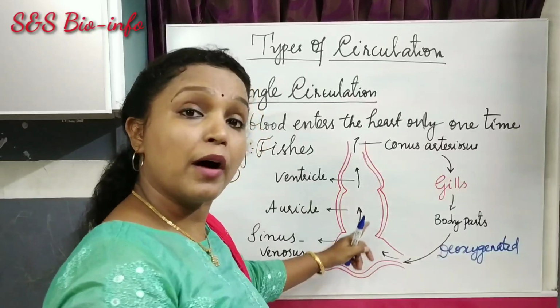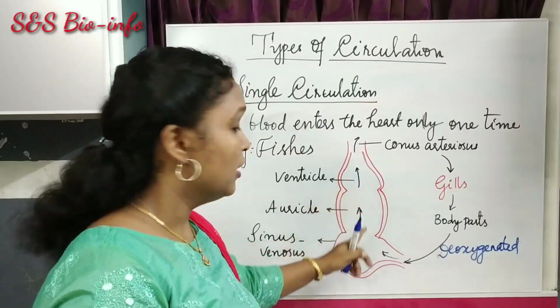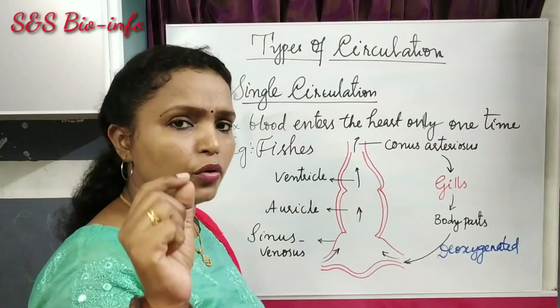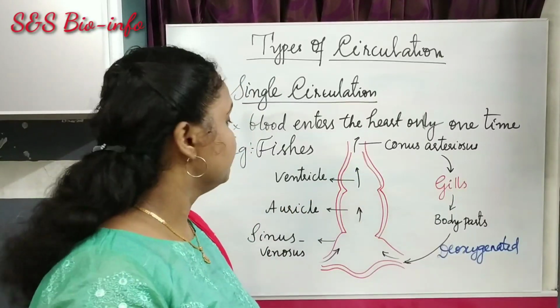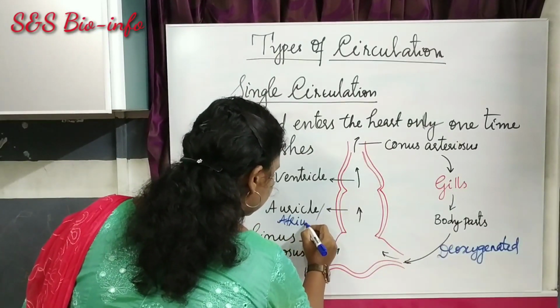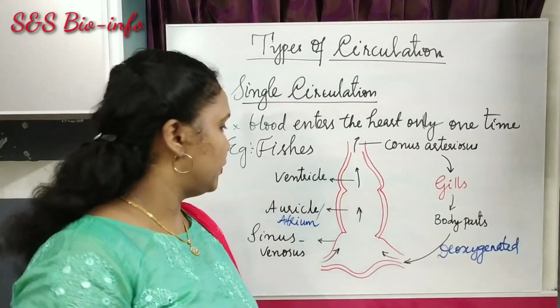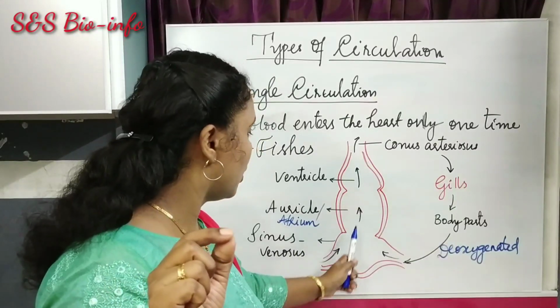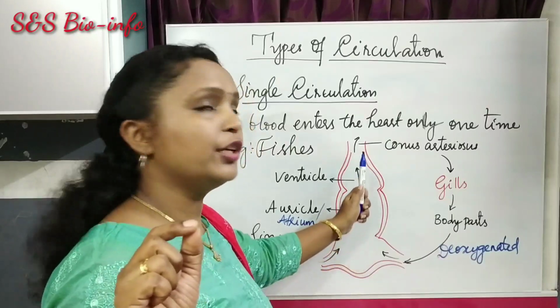From here, it is pumped to the tubular heart. First it goes to the auricle and then to the ventricle. Auricle is also known as atrium, plural atria.